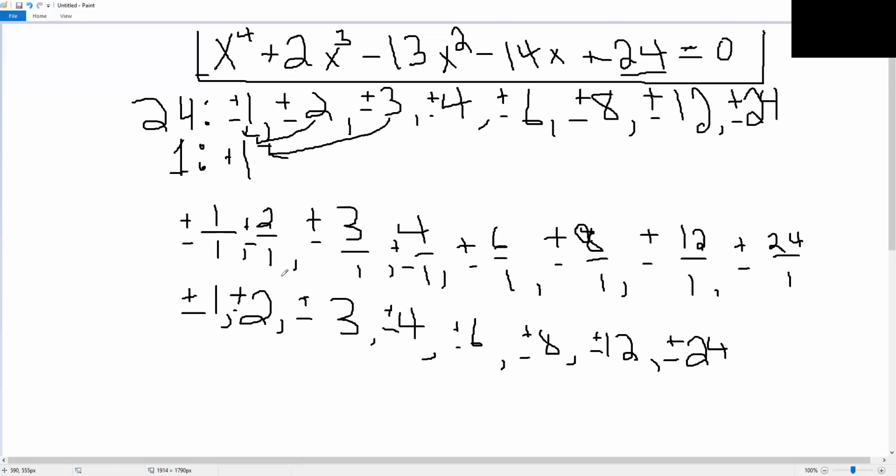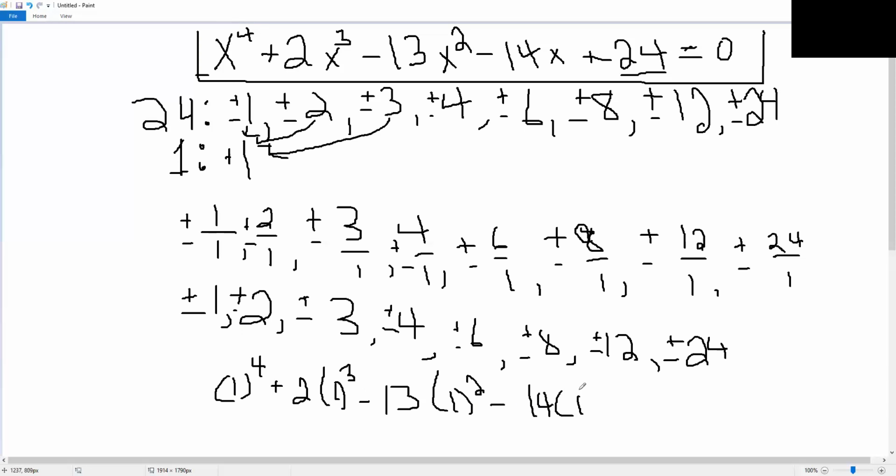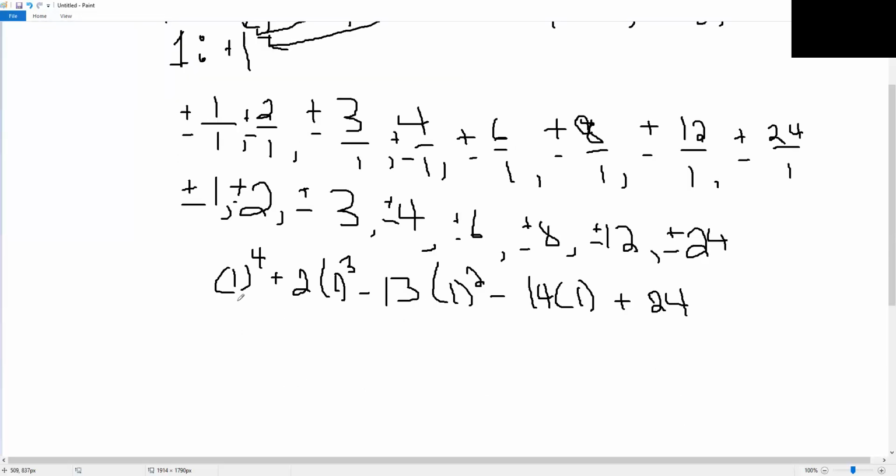So we take this polynomial, x to the 4th, we plug in the 1 for x. So 1 to the 4th plus 2 times 1 cubed minus 13 times 1 squared minus 14 times 1 plus 24. And then we need to evaluate that.